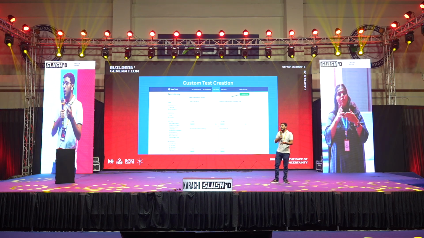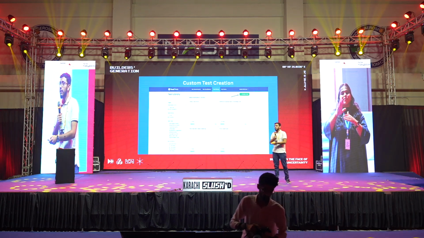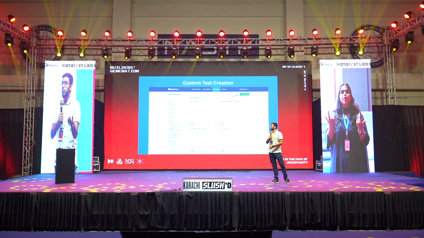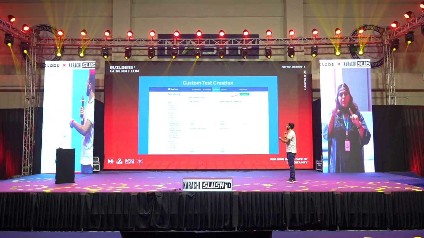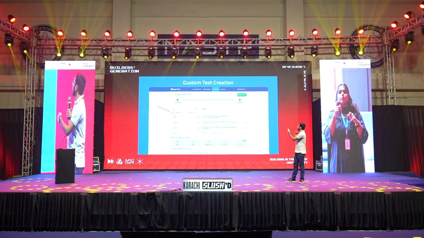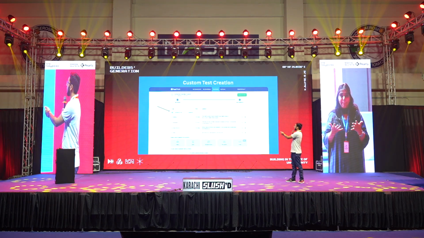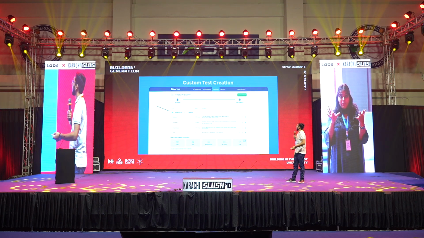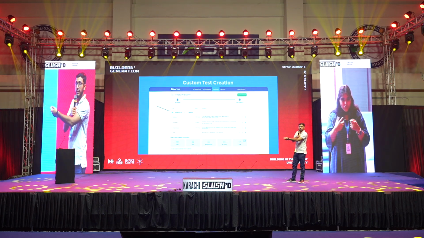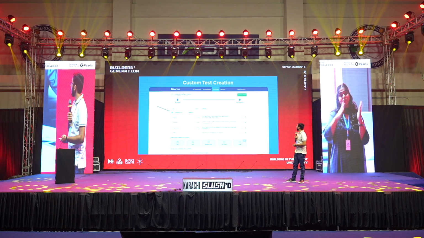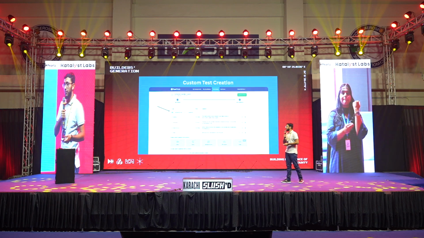So they can automate those manual screenings, the manual tests that they conduct on paper or maybe in a Google document, into TestTrick. For that, they'll click on the Create Test button, and they can insert any type of questions they want to ask, any video question, essay, multiple choice. They can randomize the set of questions, and they'll move on. So that was the basic demonstration of the TestTrick platform.